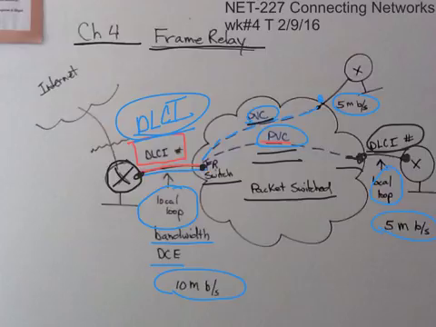Okay? So this one is irrelevant to this one. I mean, they connect to the same circuit, but they have local significance. The same way here, they would create a DLCI here to connect to this circuit.